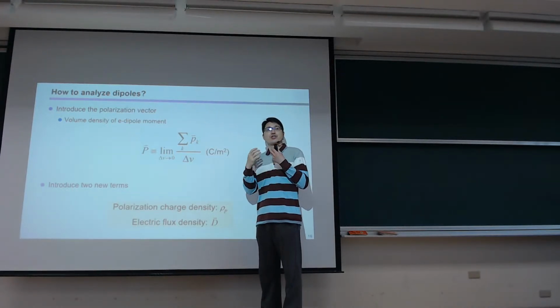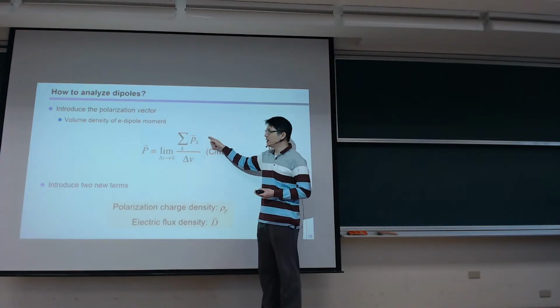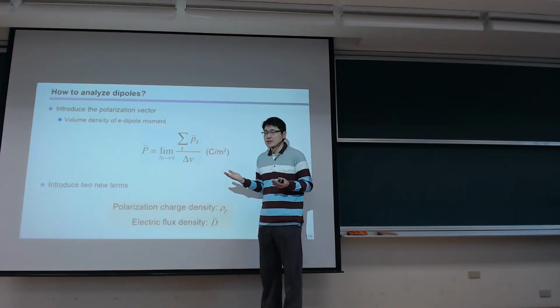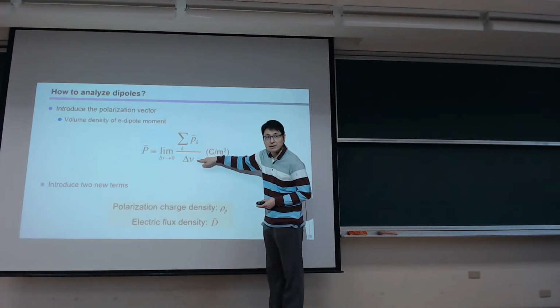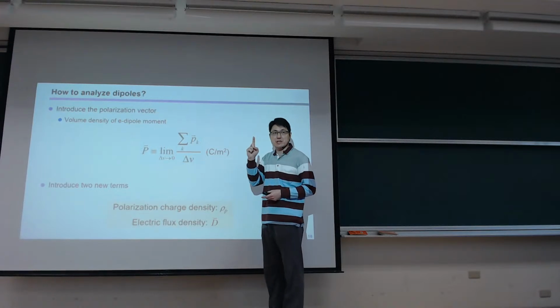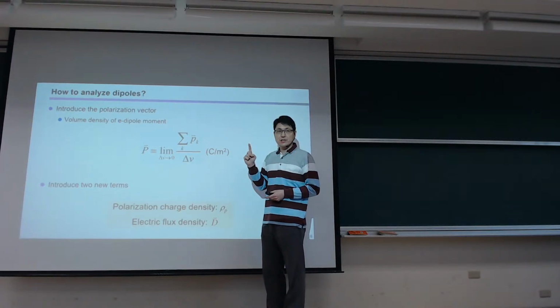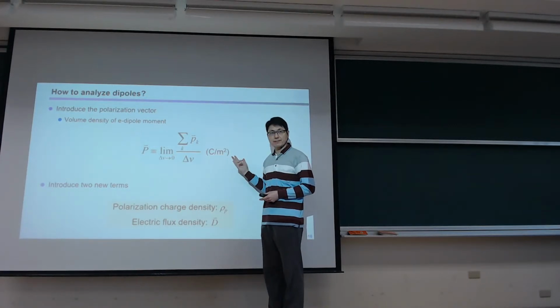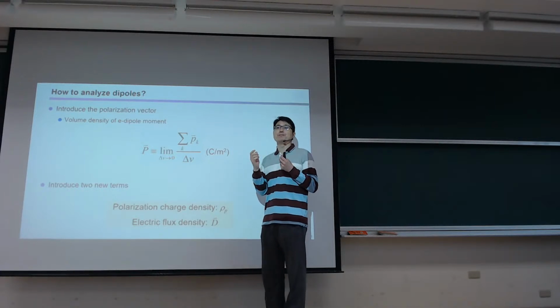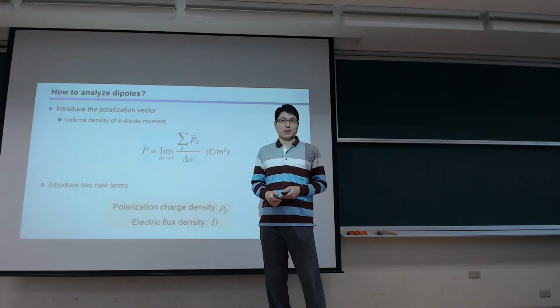Q has a unit of charge, coulomb. d has a unit of meter. So basically you have coulomb times meter in the numerator, and then you have meter cubed in the denominator. So one meter is cancelled. So the unit for the polarization vector is coulomb divided by meter squared. But the definition, the meaning, is the volume density. Okay?